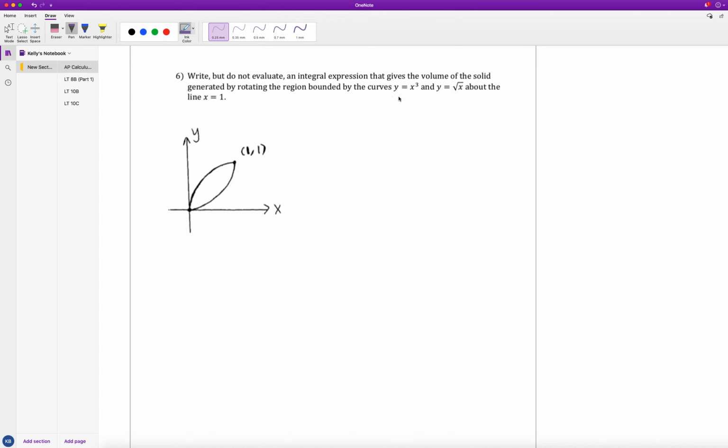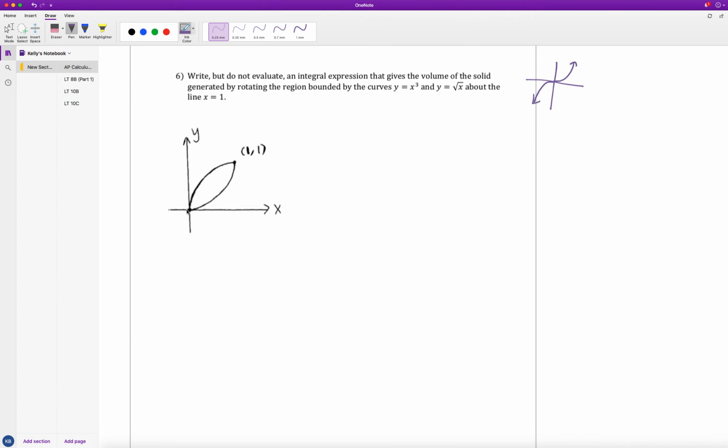I have two curves, y equals x cubed, and y equals the square root of x. Well, based off of the shapes of these graphs, I'm going from (0, 0) to (1, 1). This is not a large portion of this graph by any means, but if we think about what these shapes look like, x cubed is a graph that slowly grows and then starts to grow faster over time.